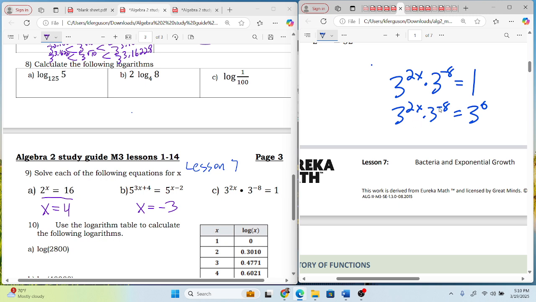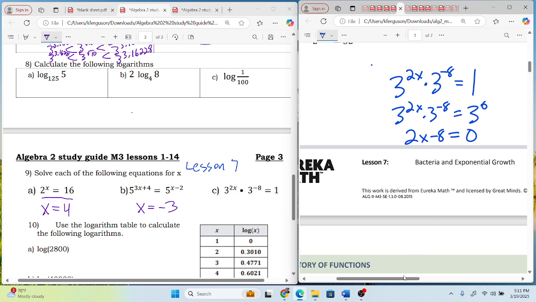So that means I add the exponents. So now I'm going to get rid of the 3 and just say 2x minus 8 equals 0. Now I said add, but this is a positive 2x and that's a negative 8. So when you add a positive and a negative, it's 2x plus a negative 8. I just took the plus out of there and just said 2x minus 8.